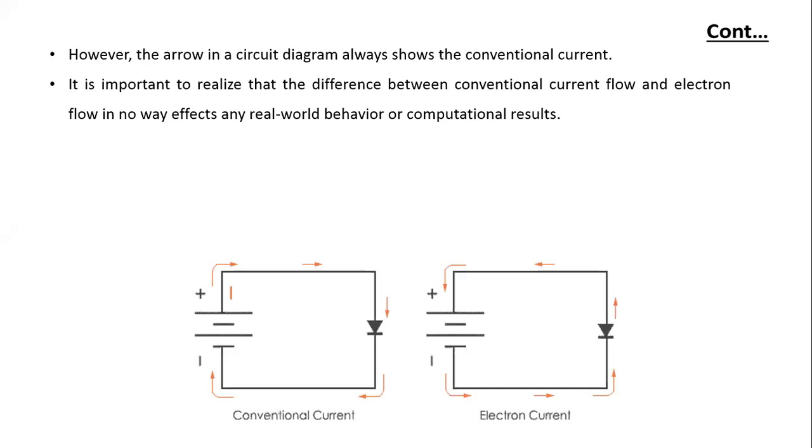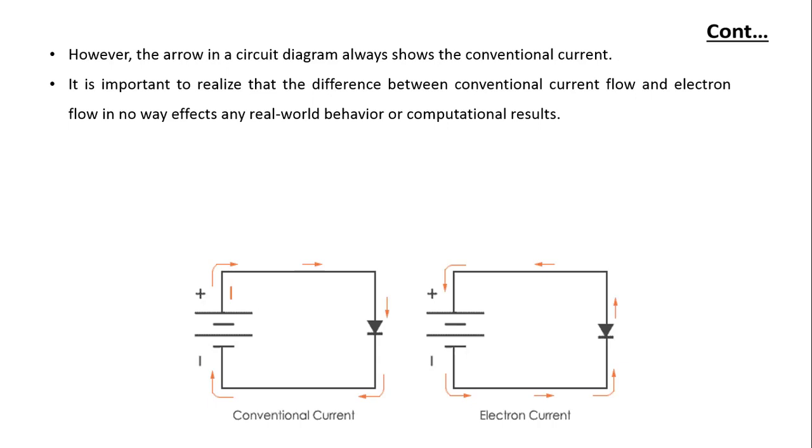I am sorry if there are fluctuations in the recording in between, so I just need to repeat a few words. It is important to realize that the difference between conventional current flow and electron flow in no way affects any real world behavior or computational results. Whatever convention you are using for your circuit diagrams to show the flow of current, it doesn't affect the original internal mechanism of current flow.